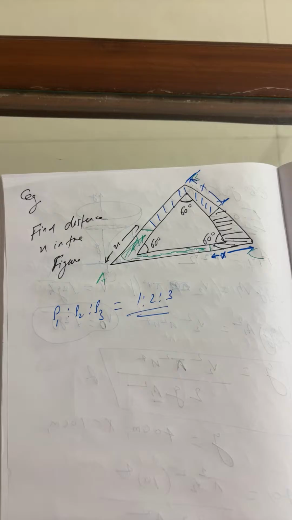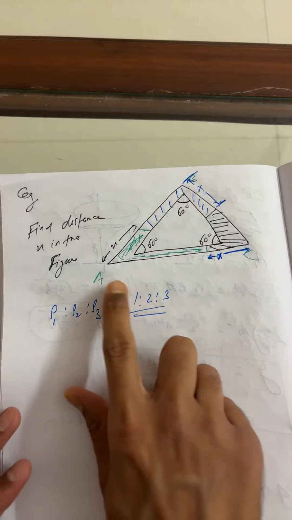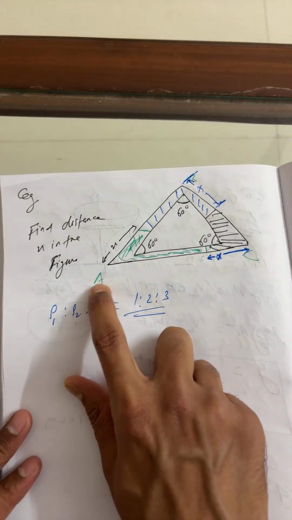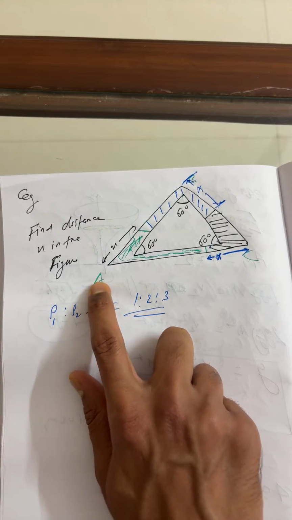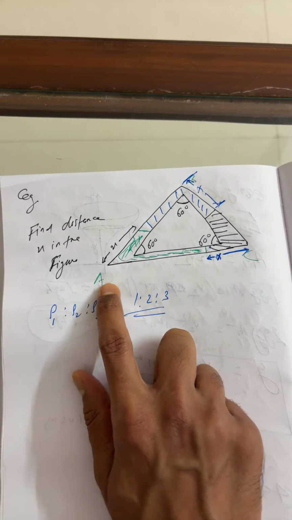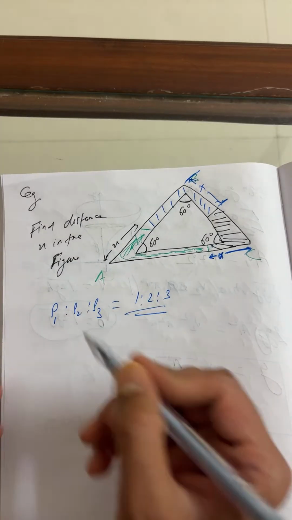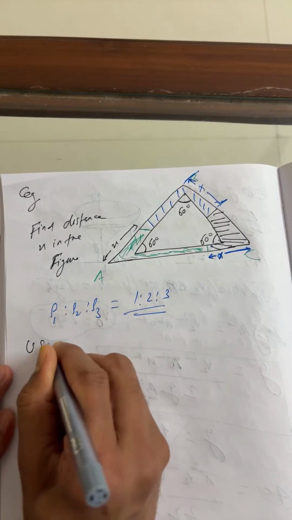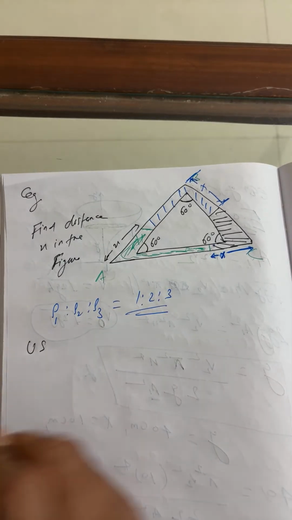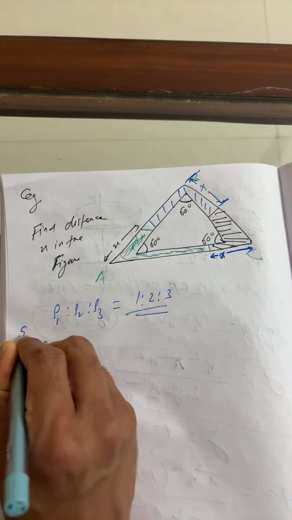So we have to use the principle of Pascal's law to get the answer of this question. Let us suppose I'm going to apply Pascal's law from point A. So this is a bit higher pressure. Using the concept of this, I can say this is the solution part of this question.